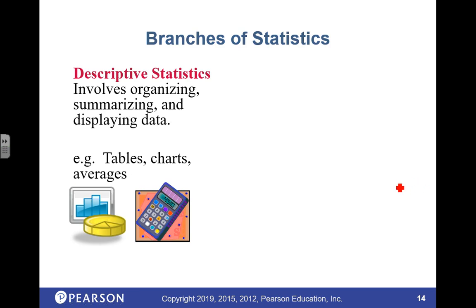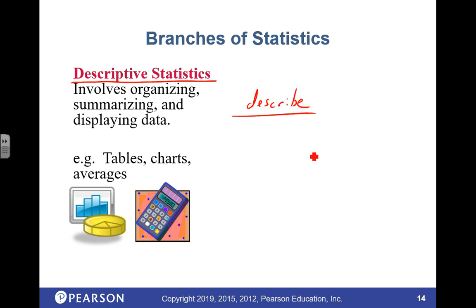So we mentioned that we're going to talk about different types of statistics. One type of statistics is descriptive statistics. It involves organizing, summarizing, displaying data. The word here is describe.